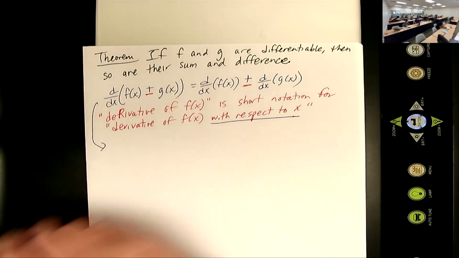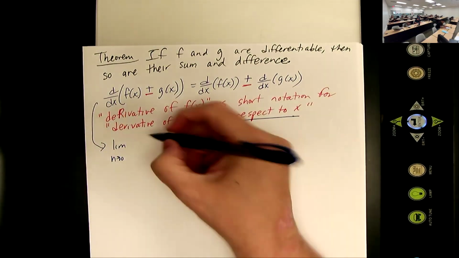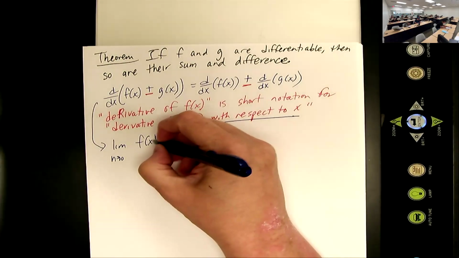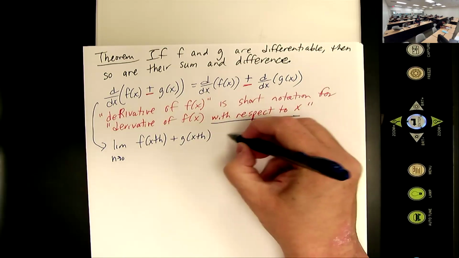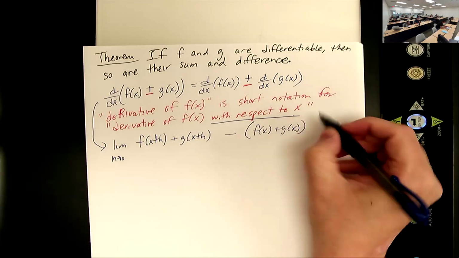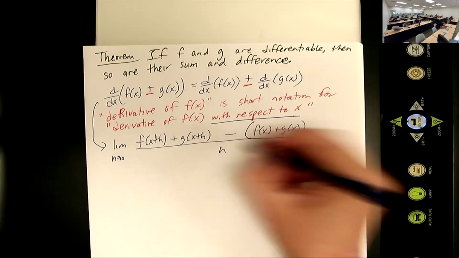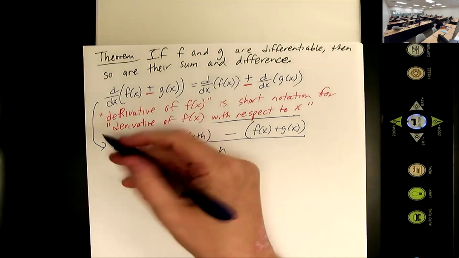Proof here. We'll just do the plus one. The limit as h goes to 0 of f of x plus h plus g of x plus h, minus f of x plus g of x, all over h. And we separate it up.